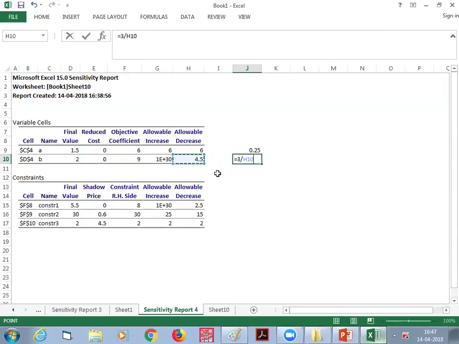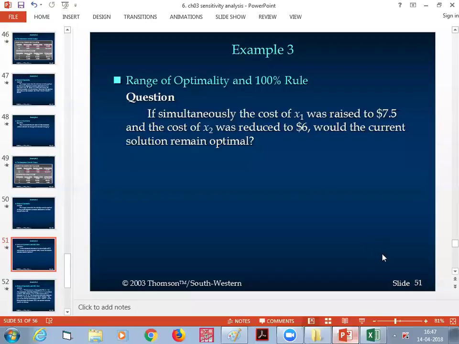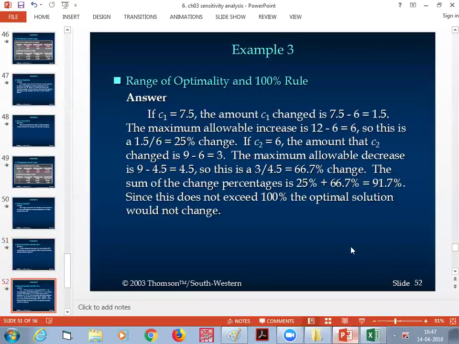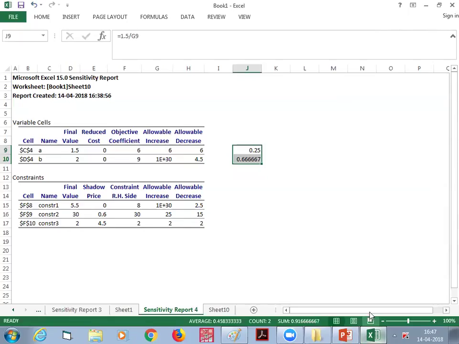If it increases, I'll divide by the allowable increase. So that's 66%. And so total this is 91 point, whatever. Is this less than 100%? Yes. And so what is our conclusion? Solution remains optimal. Solution remains optimal at 91.7%.